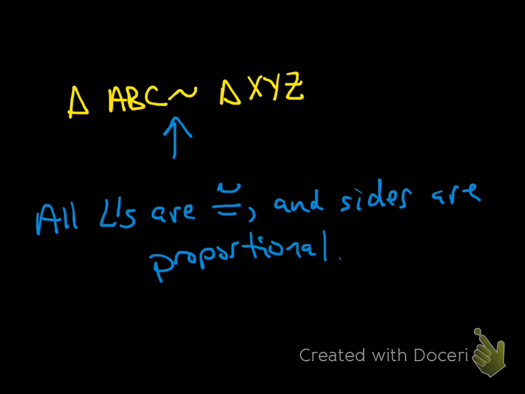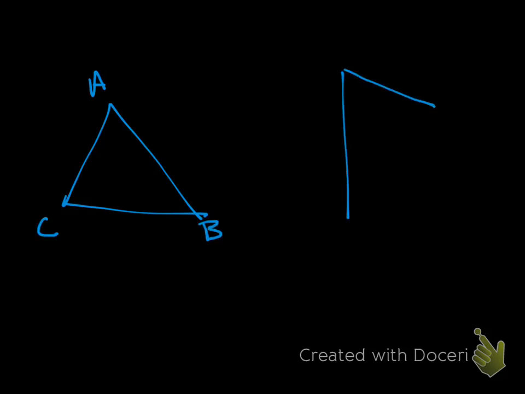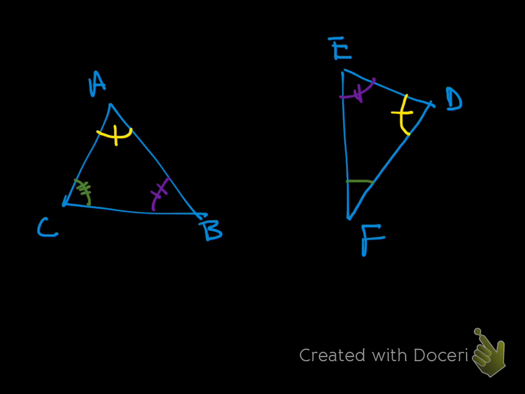Looking at the example, we have triangle ABC, and then this one, EDF. If you notice, they're not positioned the same way. It's telling you that A is congruent to D, and it's also telling you that E is congruent to B. If you think about it, if it's a triangle and two angles are congruent, then that means that the third angle also has to be congruent.